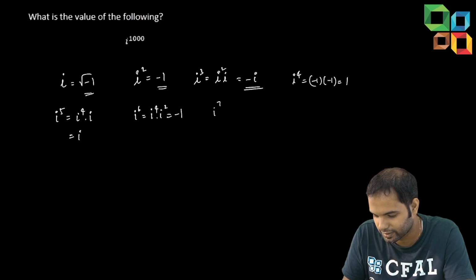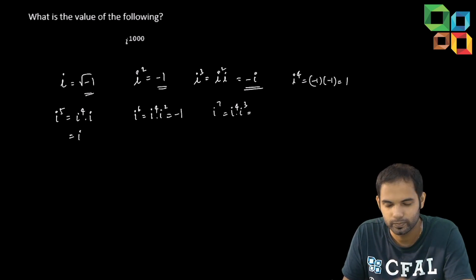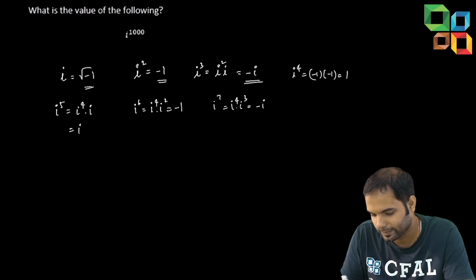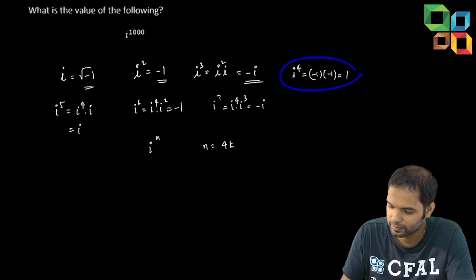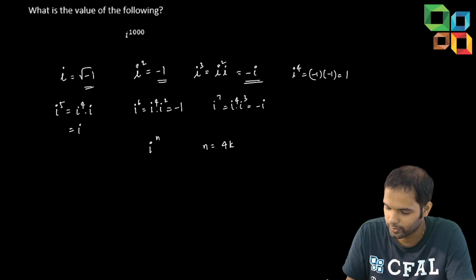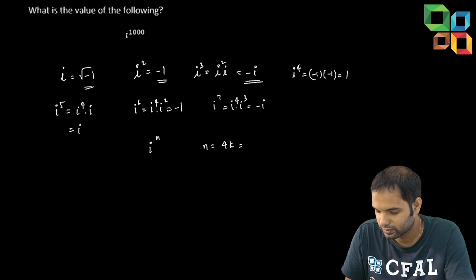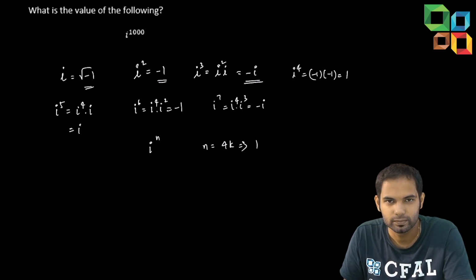Similarly, we can continue this pattern. So can you see that it repeats in a cycle of 4, right? This will be minus i. So what do we need? So i power n. If n is a multiple of 4, that is this case, then i power n will be equal to 1.